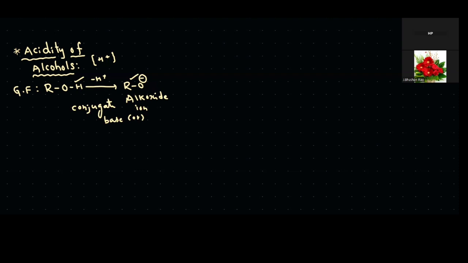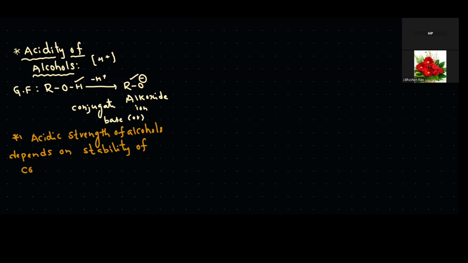The main important point here: the acidic strength of alcohols depends on the stability of the conjugate base, which is also called the alkoxide ion.